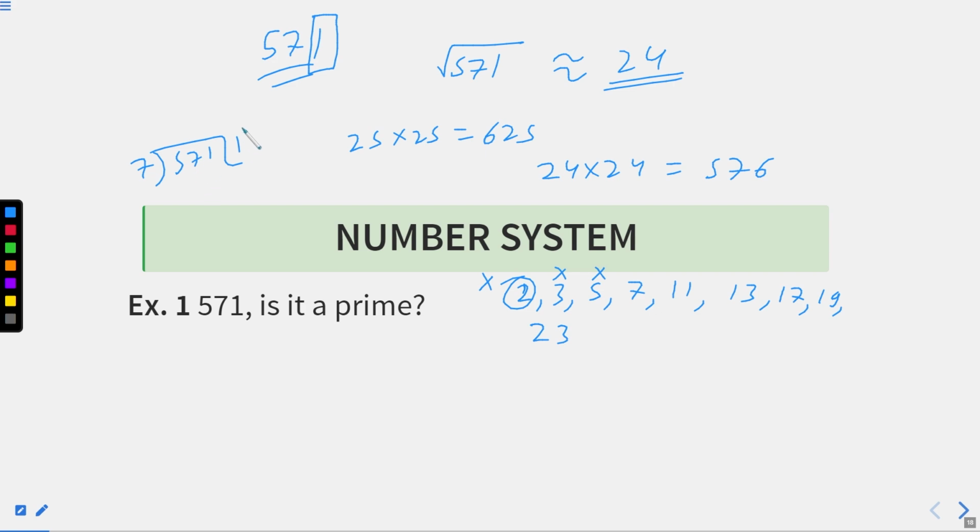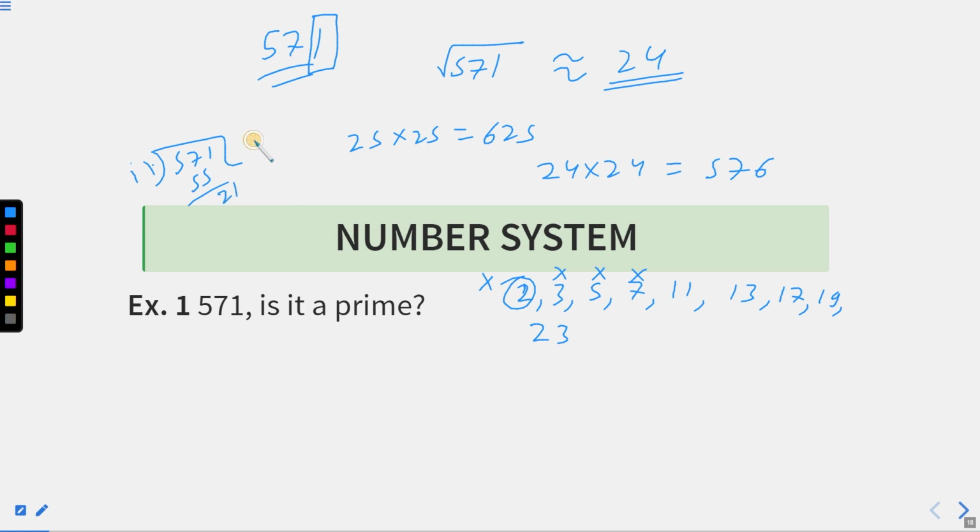So 56, then 1 1. It also doesn't divide completely. Now check for 11. It doesn't divide completely; we can easily see that from the first step only.